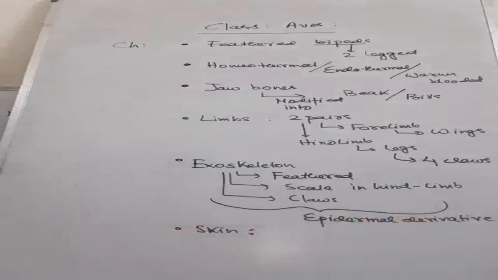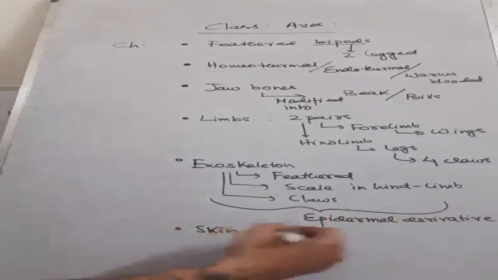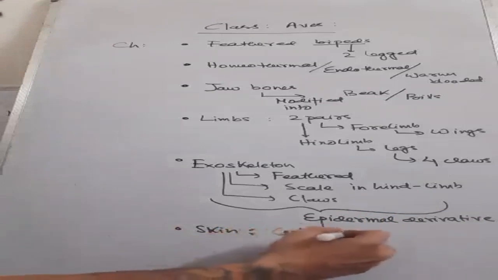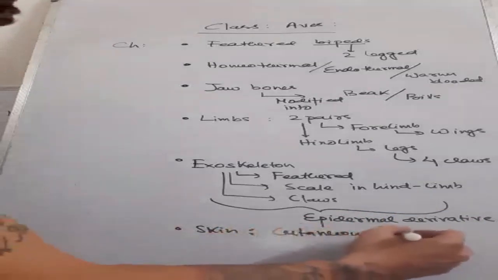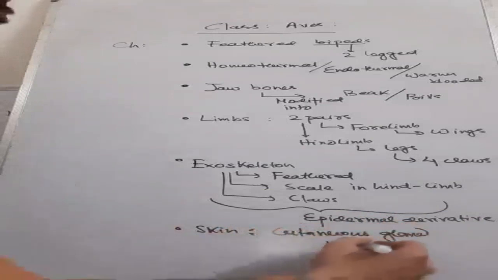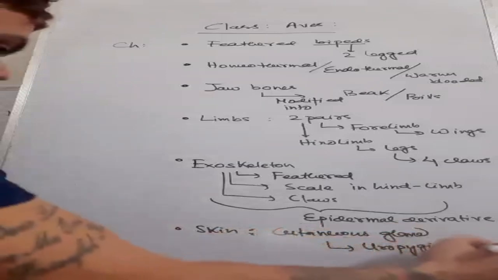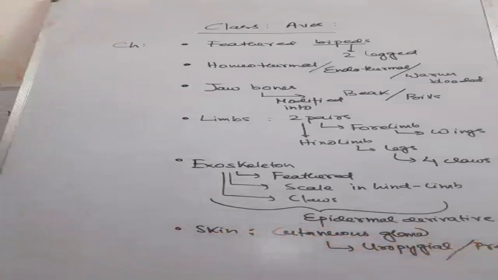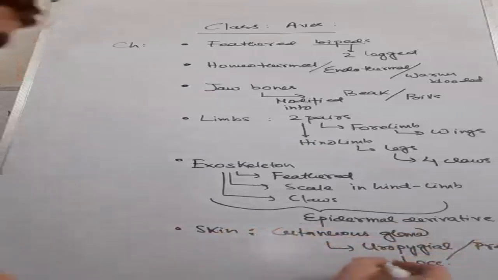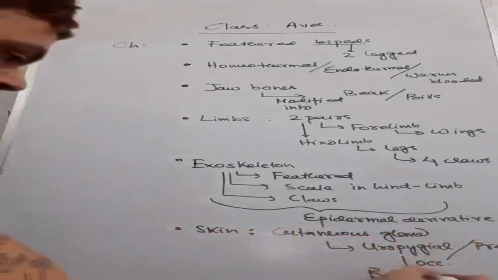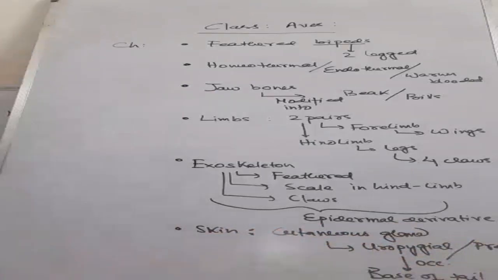It is also known as the uropygial gland or preen gland, and its occurrence is at the base of their tail. This is about their skin. Now we are going to talk about their flight muscles.